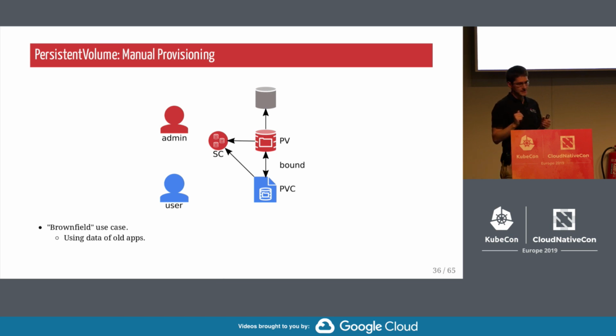So this is really for brownfield scenarios where you want to use some old data in Kubernetes. You should use dynamic provisioning for the rest. Your life will be much easier.